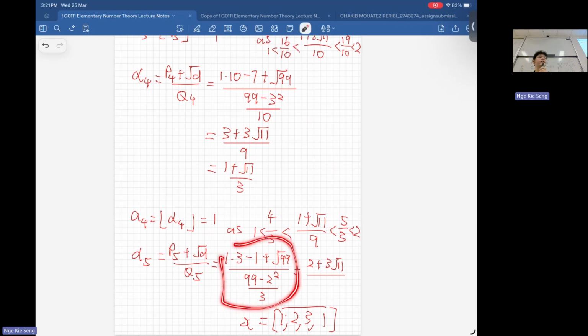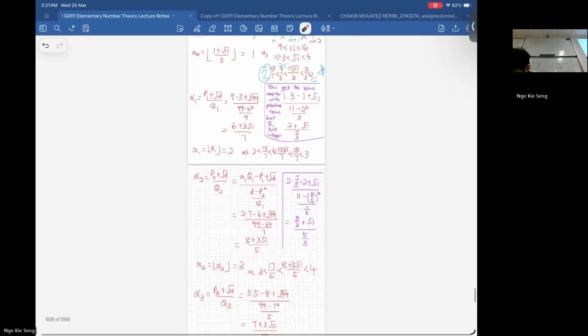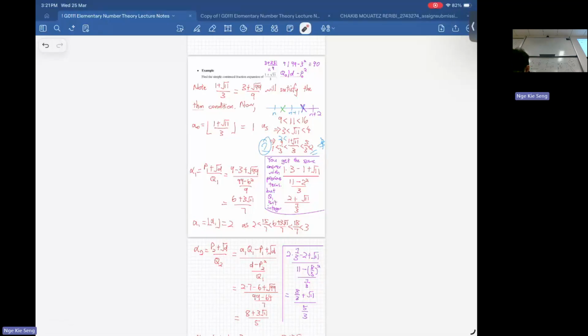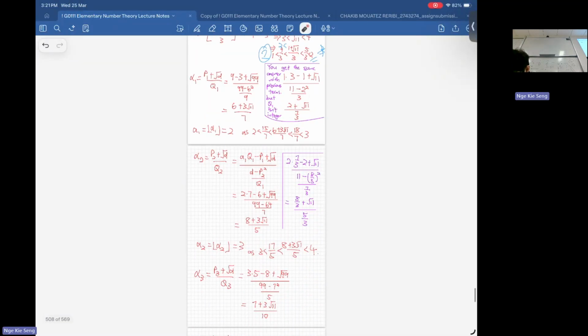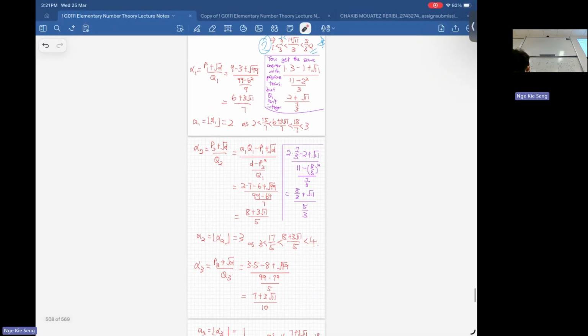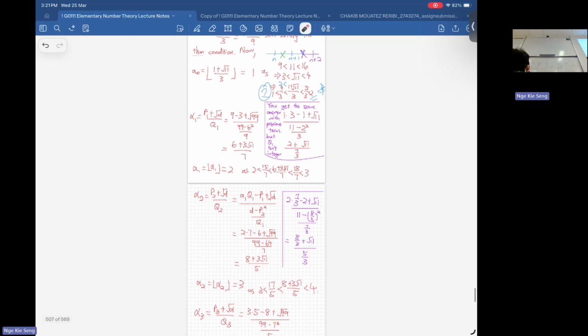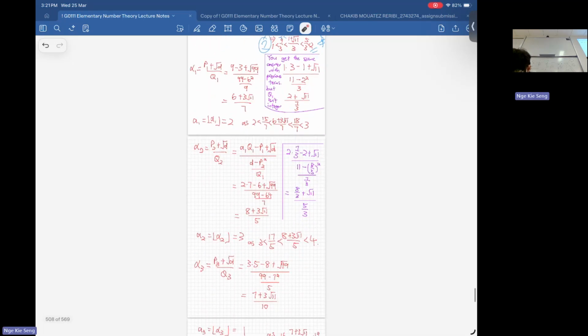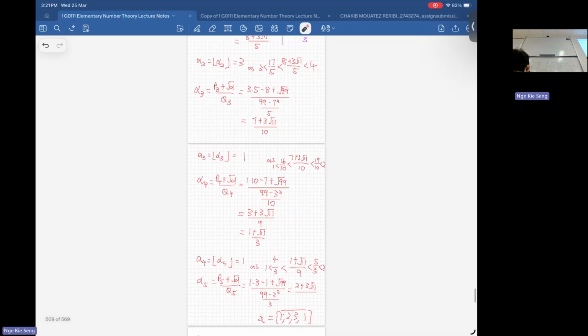How about A5? What do you get for alpha first? Alpha 4 is okay. Alpha 4 already repeats? Okay, let's check. Good, good. Alpha 4 already repeats. But then I should get alpha 1 for the next calculation. Why am I not getting alpha 1?